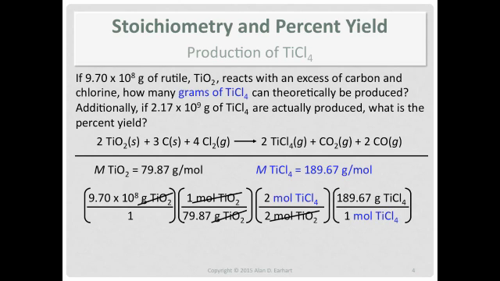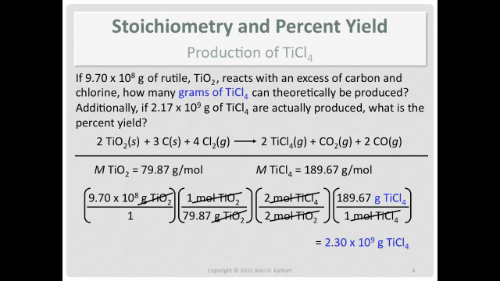In fact, let's do our unit check all the way through. Okay, the problem says we want grams of TiCl4. Those are the units we have left over. 3 significant figures because of the 9.70. As far as a conceptual check, it's hard to do. We're ignoring 2 of the reactants because those are in excess, carbon and chlorine.